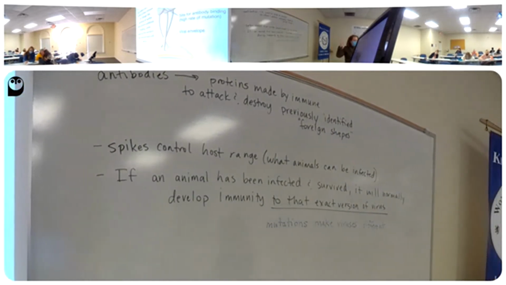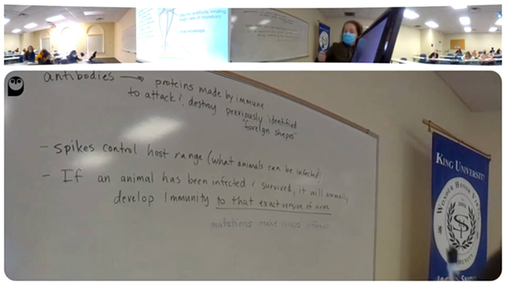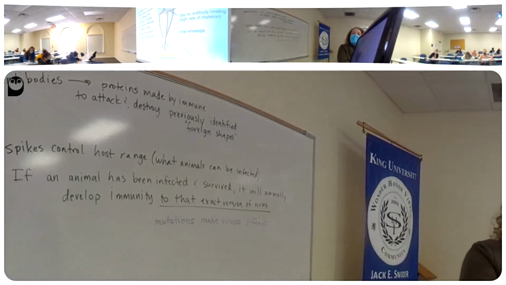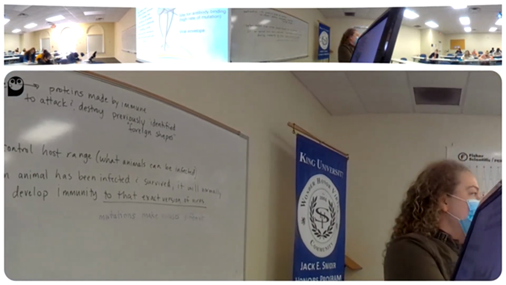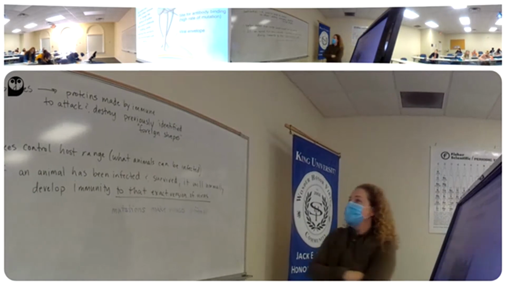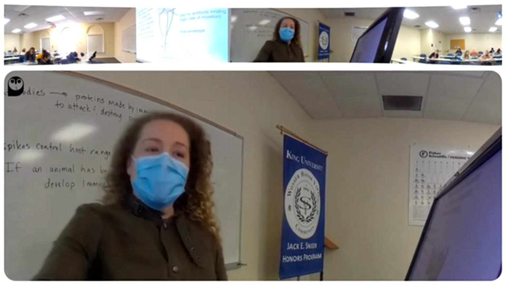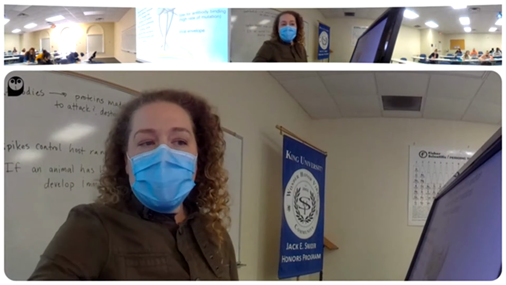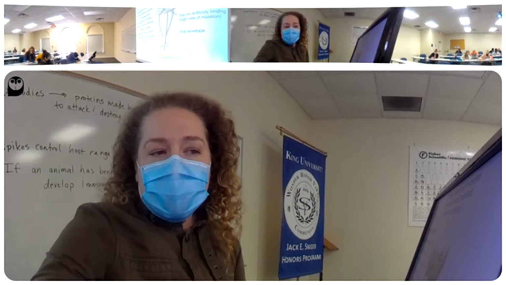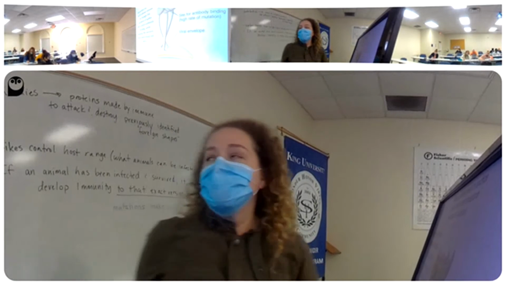If we've seen a shape in our body that is not part of our body, we will develop immunity against it, and we will develop the ability to make these antibody attackers that would bind onto this and help destroy it. So this is the part of the spike where antibodies would bind.